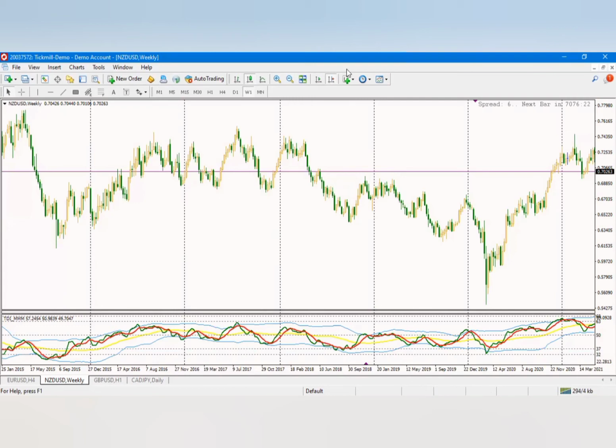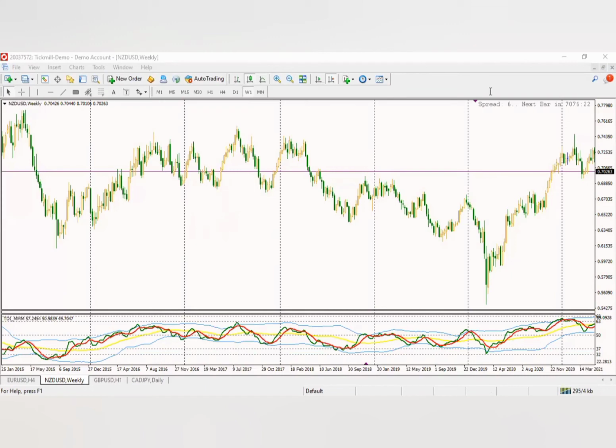If you look at my screen, I can call this a high, and I can call this a low. We are just taking the market from here now.